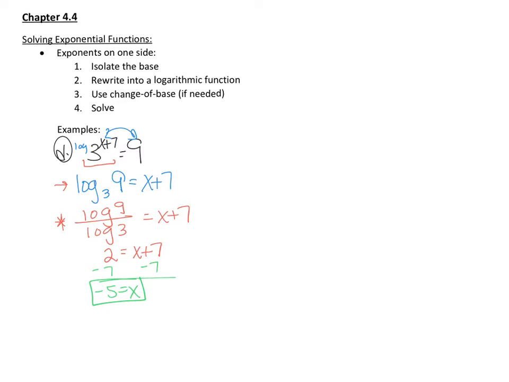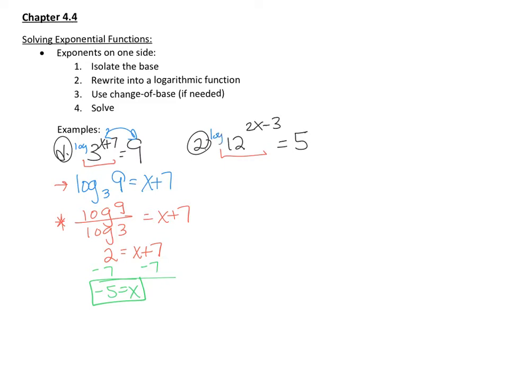So let's look at another one. Let's say, for example, we had 12 to the 2x minus 3 equals 5. So what I would want to do here, again, is make sure that the only thing I have on one side is a base and the exponent. Then I'm going to introduce the log, so I'm going to rewrite it.